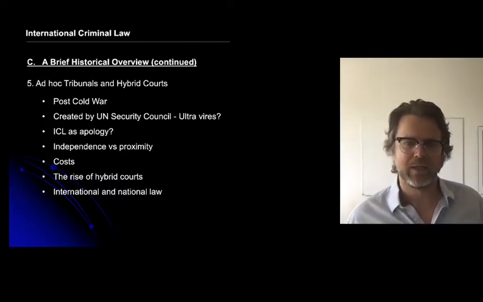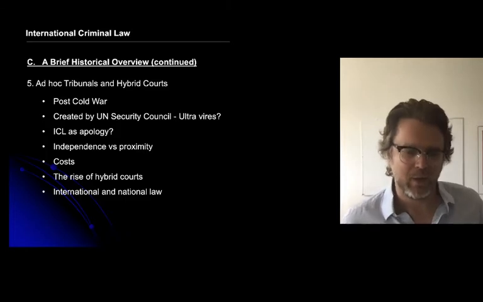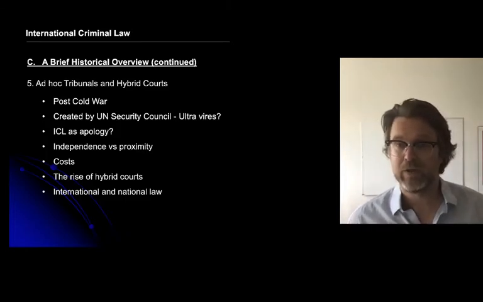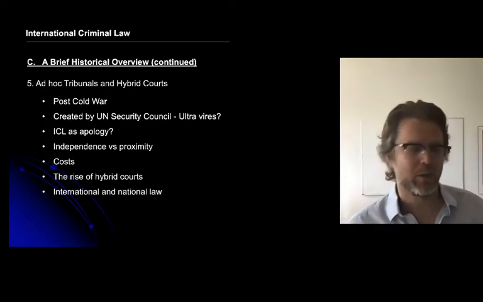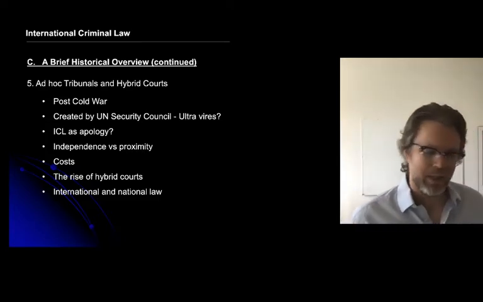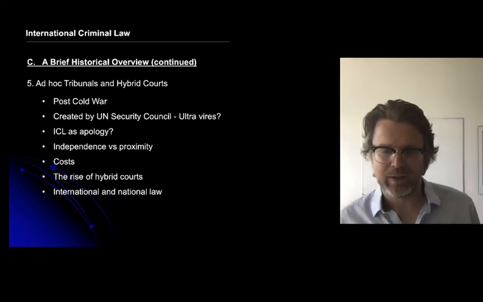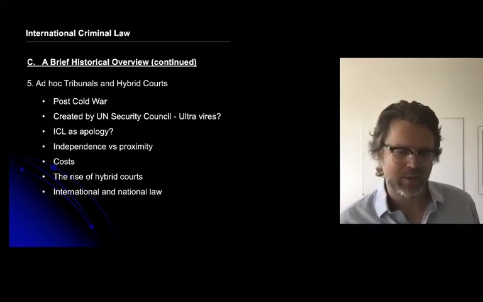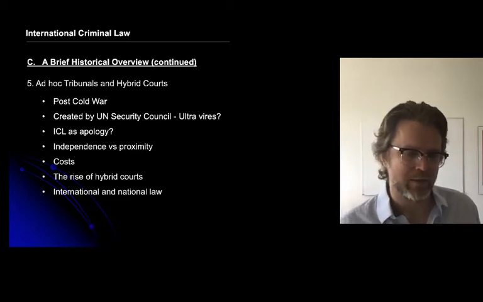And yet the argument is, well, listen, it needs to be in Berlin because it needs to be independent. If you put it in Canberra, it's going to be under huge political pressure. In a lot of these sorts of states, there's a collapse of rule of law and violence is omnipresent.